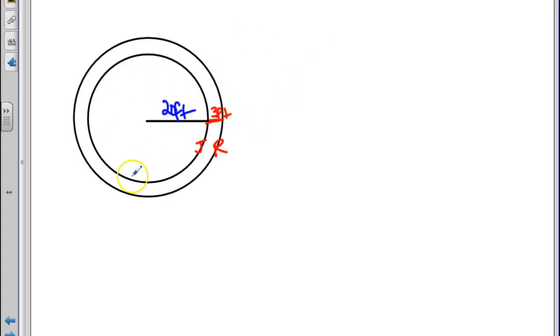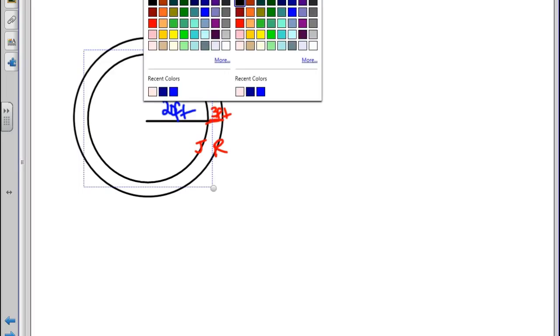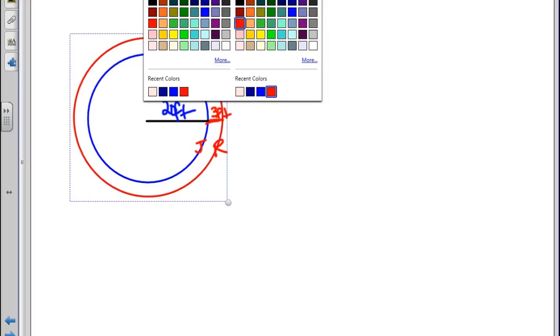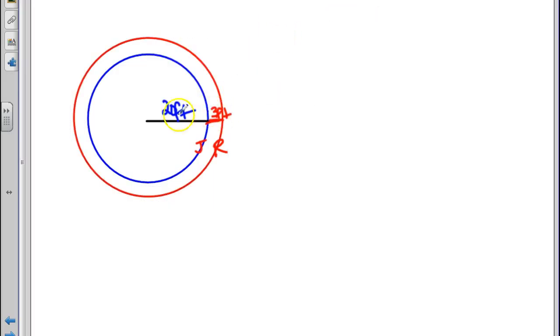All right, so we need circumference because we're talking about walking all the way around. So let's do the blue circle. Let's go ahead and make this circle blue. This will be Jasmine's circle. And let's make the outside circle red. This will be Rajesh's circle. All right, so for Jasmine, 2 pi times the radius, because we're given the radius.